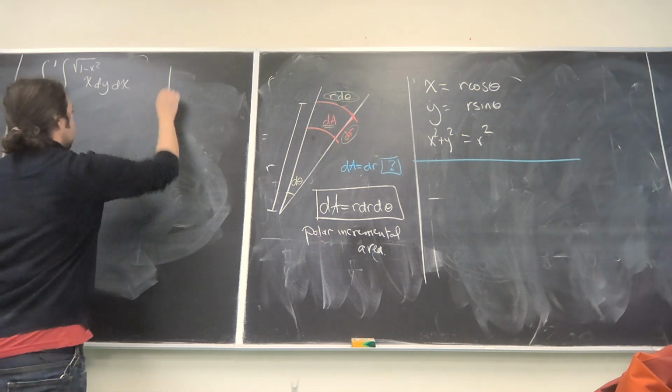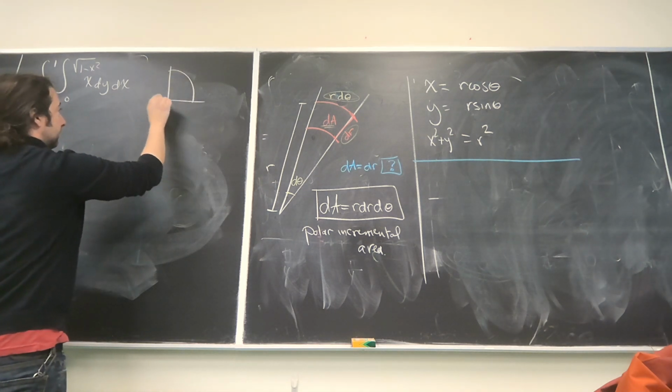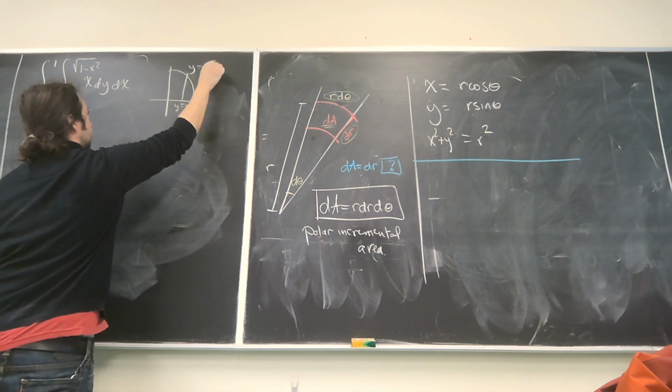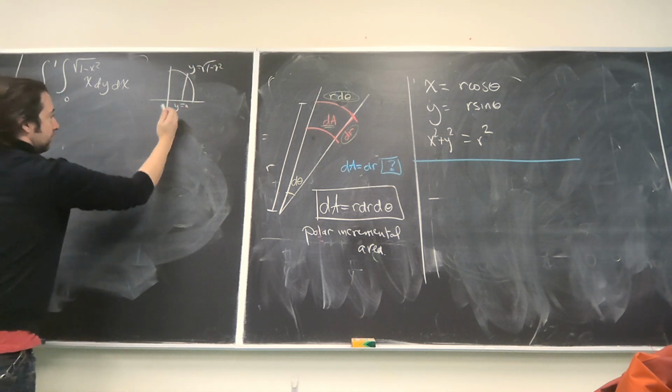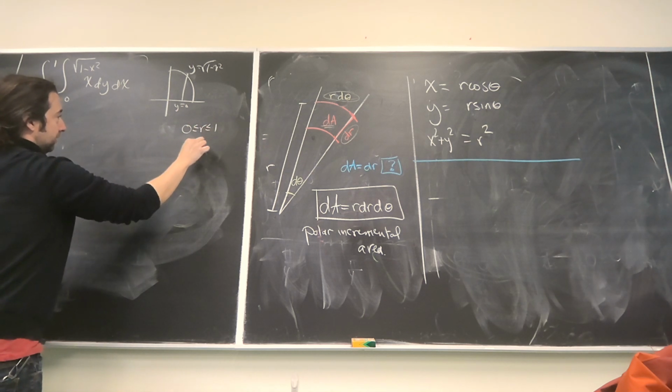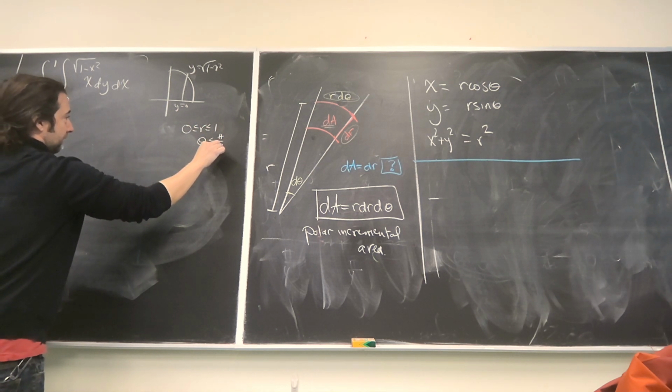And we noted that that original region, where y is between 0 and the square root of 1 minus x squared, we could have equally well thought of as radius going between 0 and 1, angle going between 0 and pi over 2.